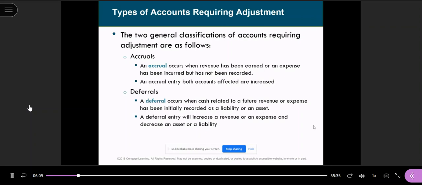On the deferral side, when we think about the word deferring, we are postponing something. And what we have done is we have postponed the recording of a revenue or an expense until it's actually happened. So one of them that you'll be familiar with from what we did in chapters 1 and 2 is supplies. So we said when we go out and we purchase supplies today, they're an asset for my business.